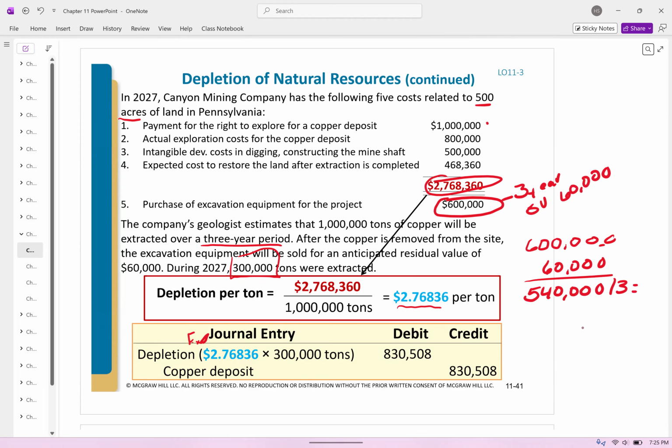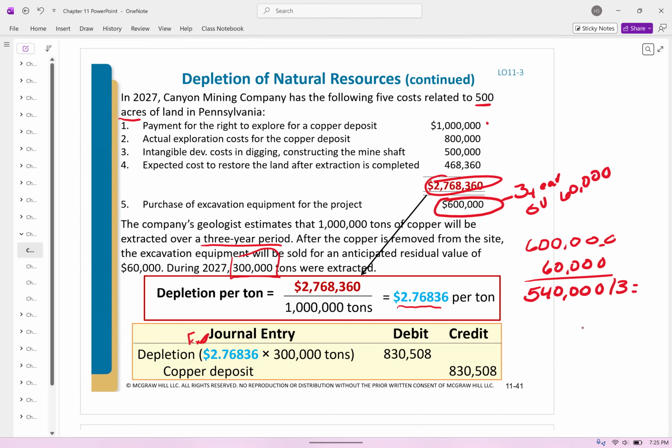Divide that by 3 gives us 180,000 a year. And that will be a depreciation expense, not depletion, because that's equipment there. And it's only going to be used for this particular copper deposit. It sounds like they said they're going to sell it at the end of the 3 years, and that's how much they're going to get.